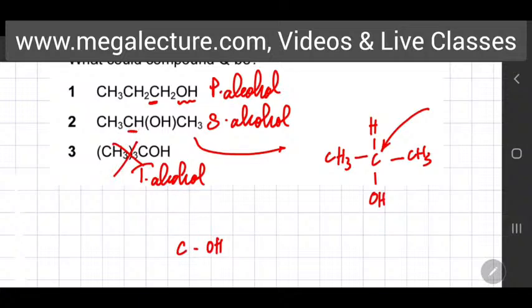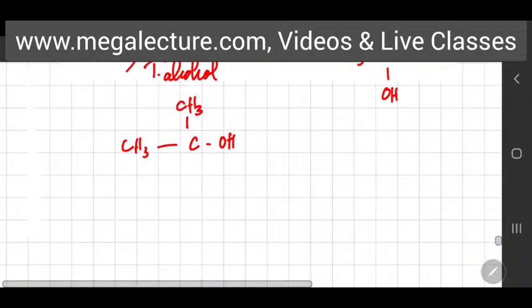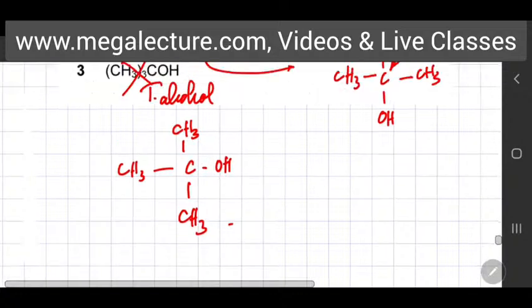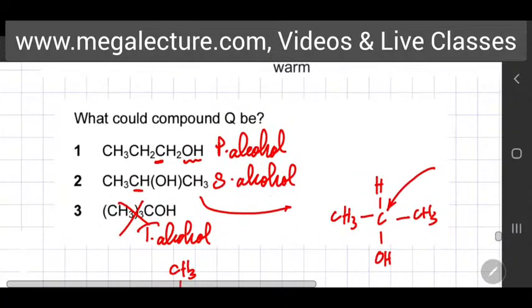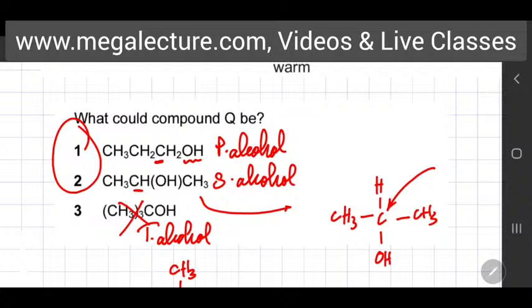There's a CH3, then another CH3, and then a third CH3. So this carbon is a tertiary alcohol, so it doesn't undergo any oxidation. So it's got to be a primary or a secondary alcohol. So 1 and 2 are definitely correct, and that would give me A as my option.